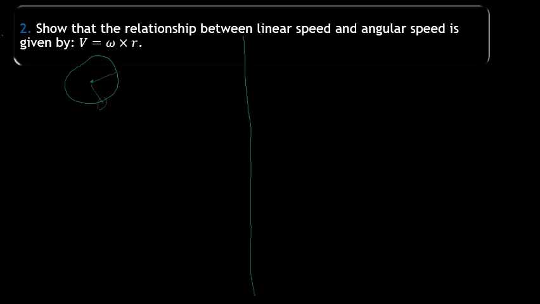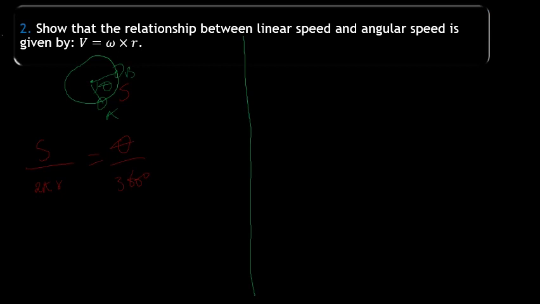Then we have our object A, B, and this is theta, and this is our S. If we take the ratio just like we did before, we get S over 2 pi r, that's the circumference, S is part of the circumference, equal to theta over 360 degrees.